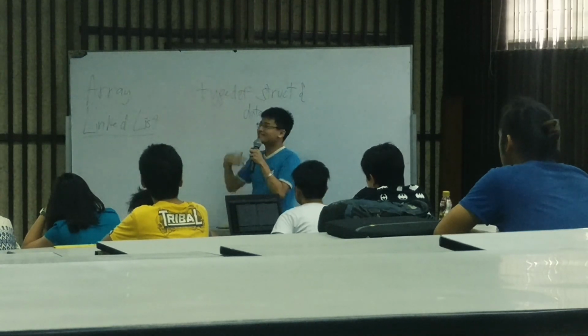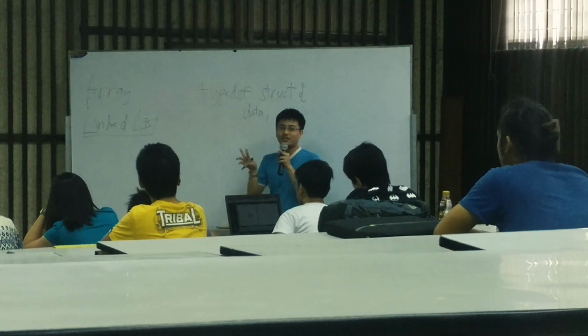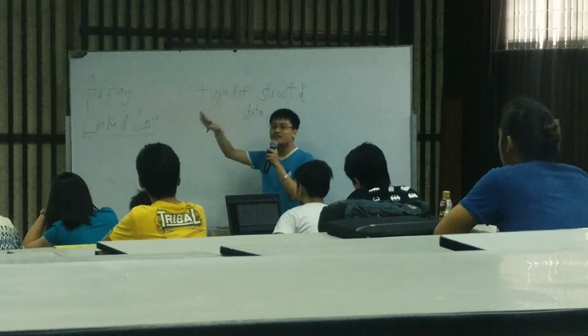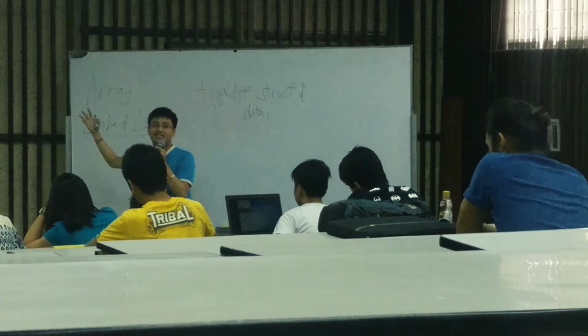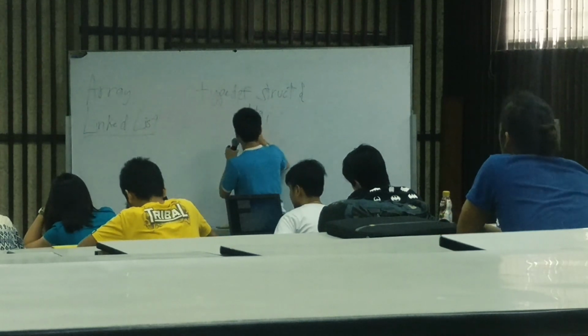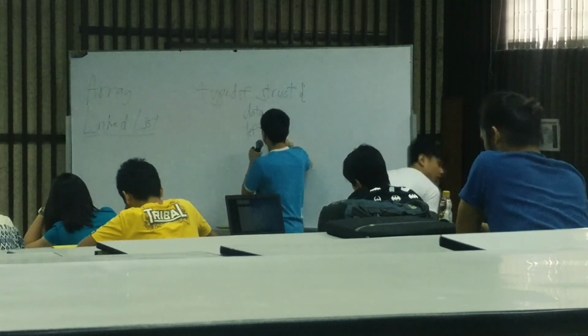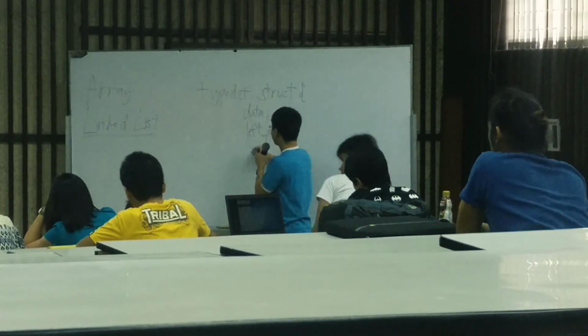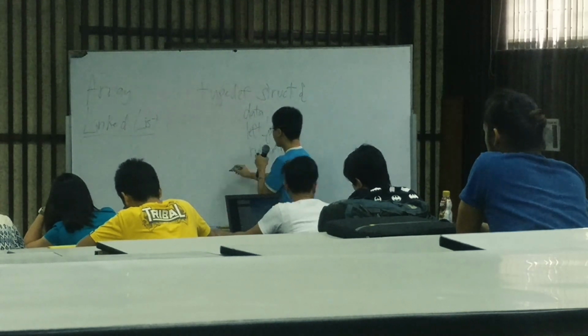Tapos, instead of having just one pointer, we'll have 2 pointers na. We need pointers to the left node and to the right node. Kasi yun yung property nung tree natin. So, let's create that left pointer and that right pointer.